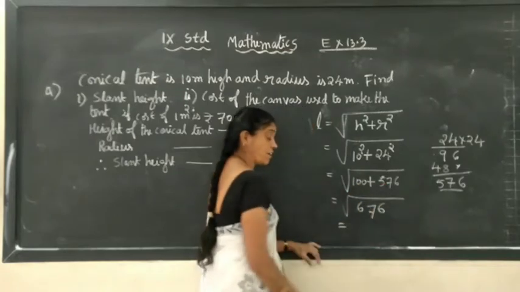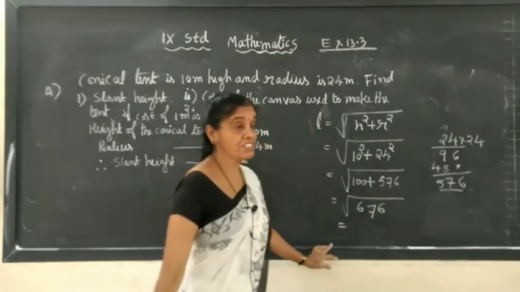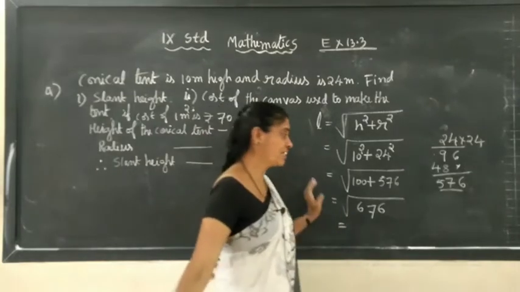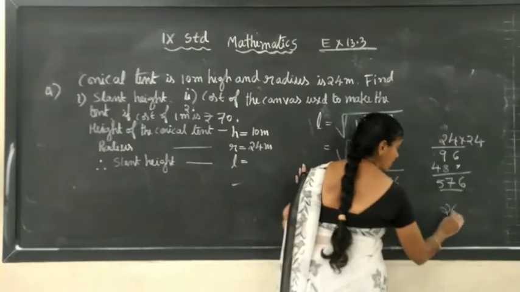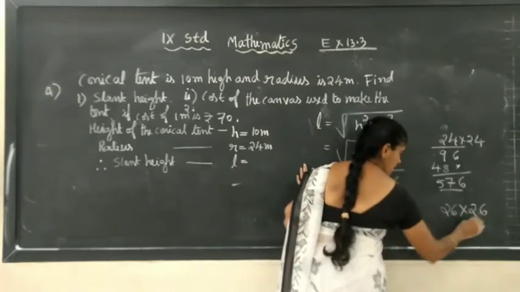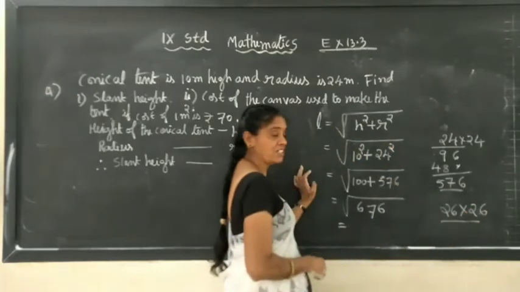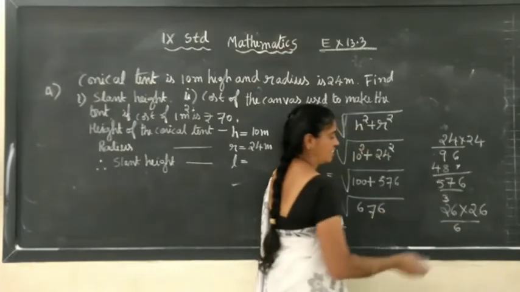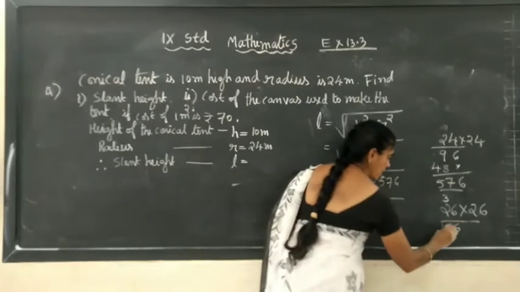Do you know which number squared gives 676? You multiply 26 and 26, see how much you will get. 26 into 26. Will you get 676? Try it. 6 6s are 36, 3 in hand, 6 2s are 12 plus 3, 15.